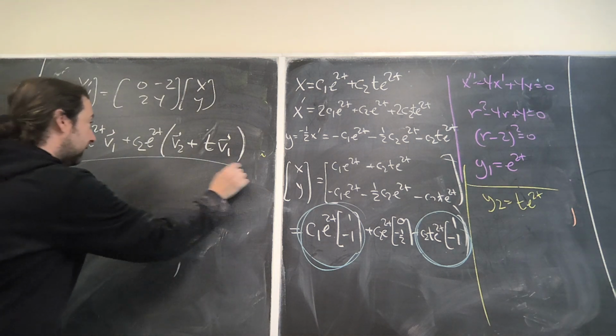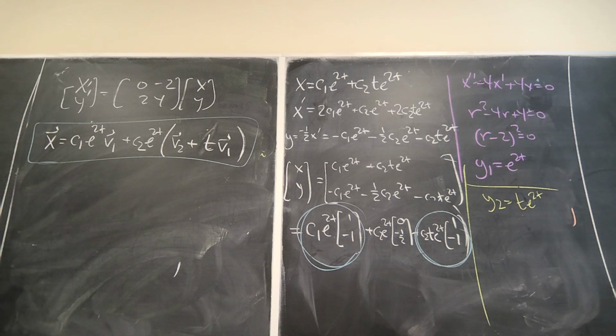That form right there turns out to be the general form for defective matrices in the 2x2 case. This is the general form.